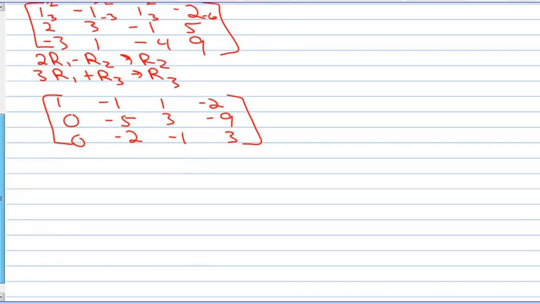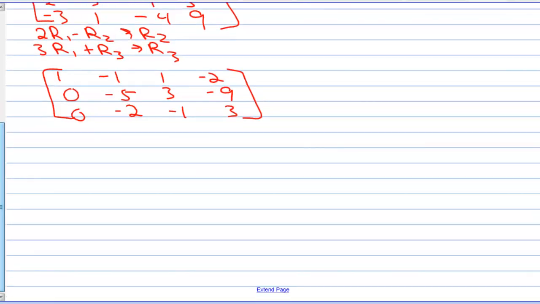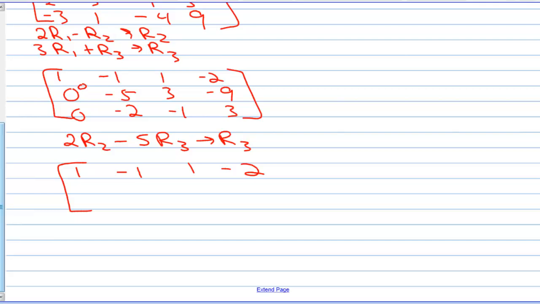Well, that's 2 of the 3 zeros. Now I need that negative 2 to be 0. So 2 times row 2 minus 5 times row 3, replace row 3. So this is 0, negative 10, 6, and negative 18. And then this is 0, negative 10.